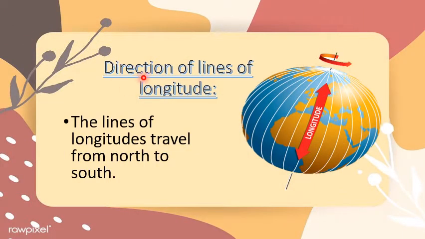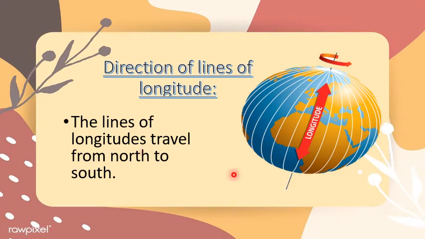So here comes the direction of lines of longitude and it is so simple to identify. As you can see on the globe here, there are only the lines which are traveling from one pole to another. So the lines of longitude travel from north to south or south to north.